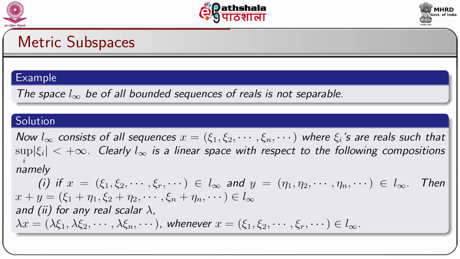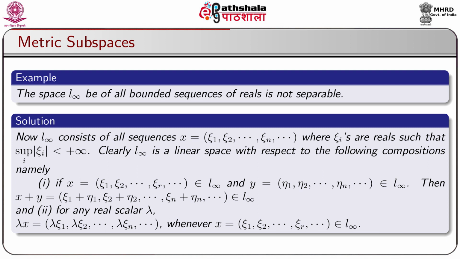That is, if we take x = (ξ1, ξ2, ...) belonging to L infinity and y = (η1, η2, ...) belonging to L infinity, then x + y is the coordinate-wise sum, x + y = (ξ1 + η1, ξ2 + η2, ...), which is an element of L infinity.